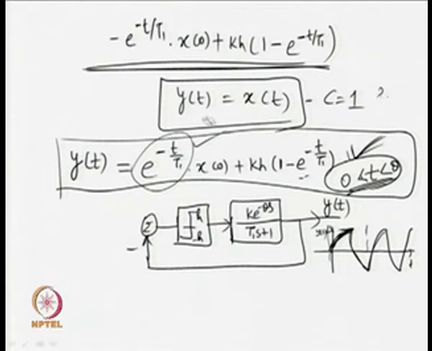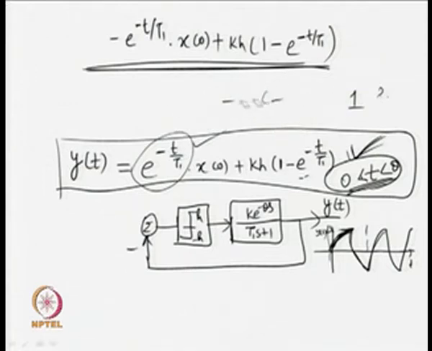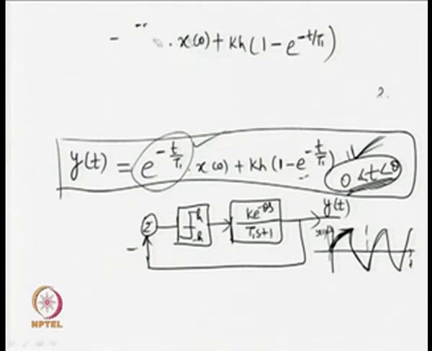As you have seen, what could be the maximum output from this first order plus delay system? The maximum output we get is at time t equal to theta. Time is gradually increasing.